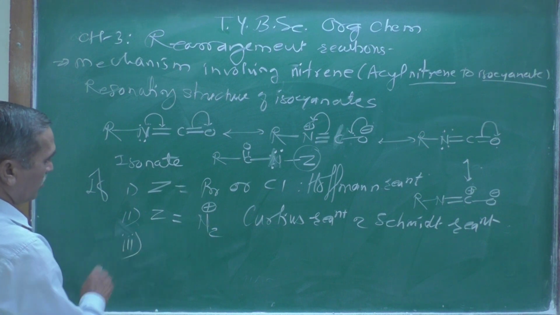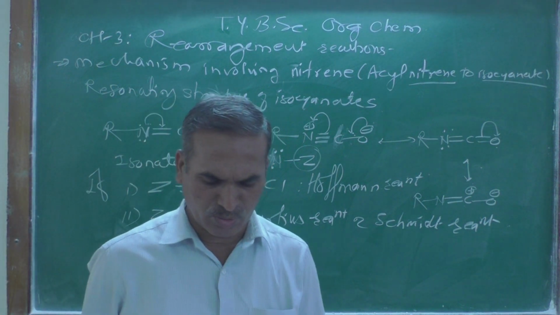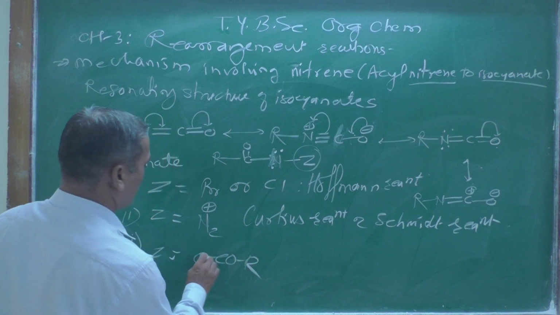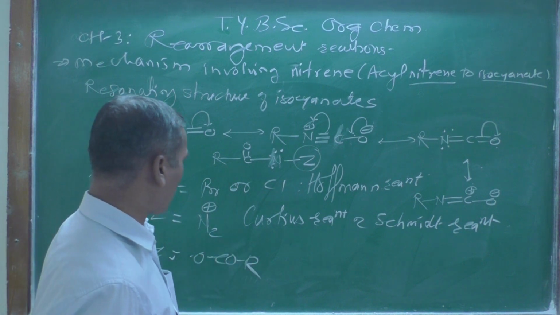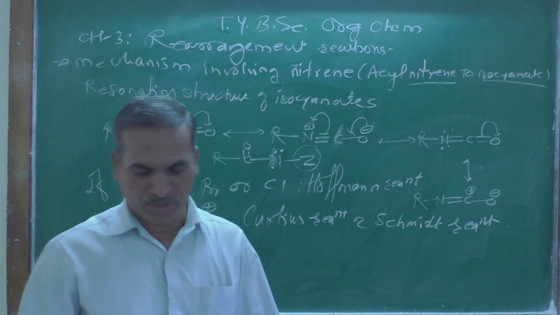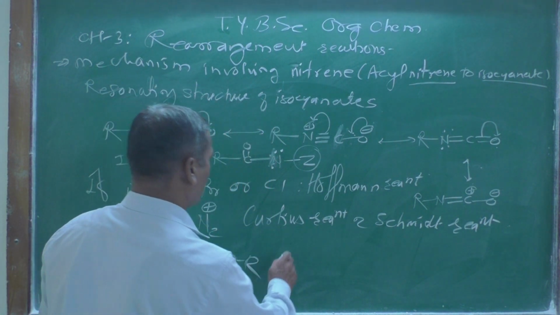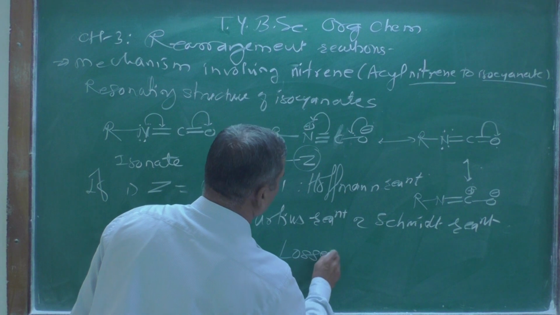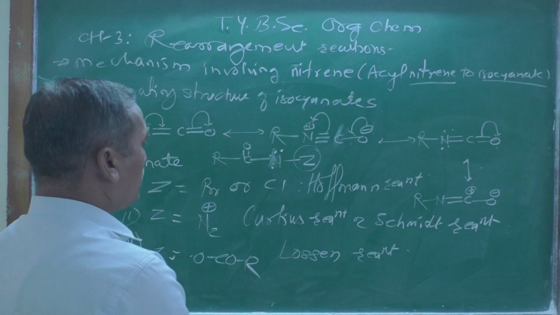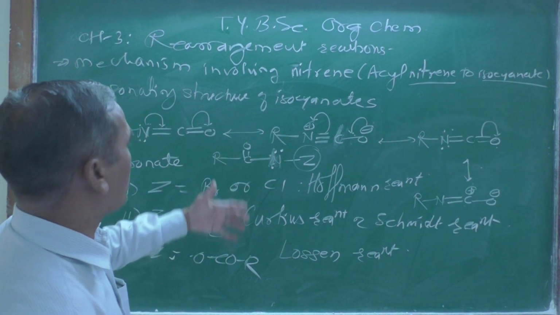Now the third reaction, if Z is equal to OCOR, that is an O-acyl group, and if that type of O-acyl group is present there, that type of rearrangement is called a Lossen rearrangement reaction. These are the four different rearrangement reactions.